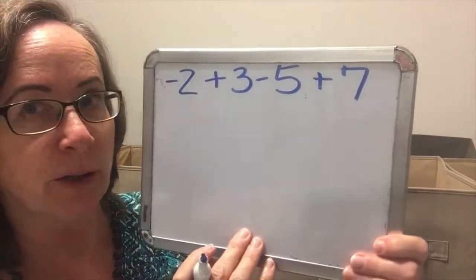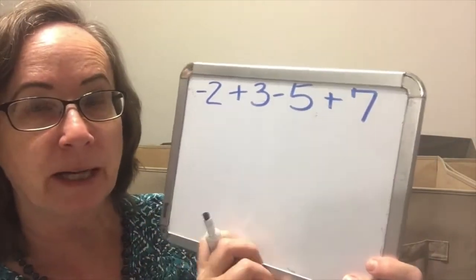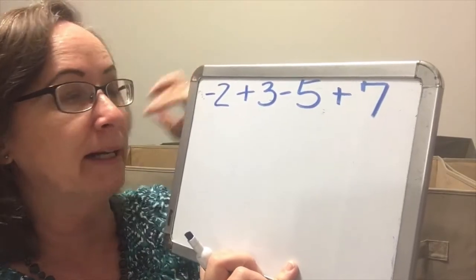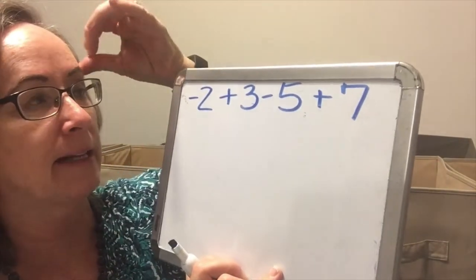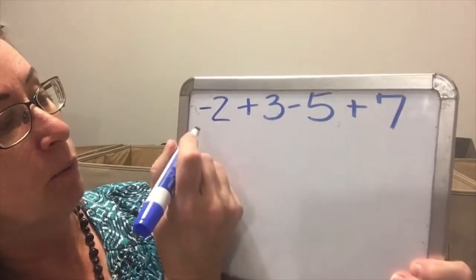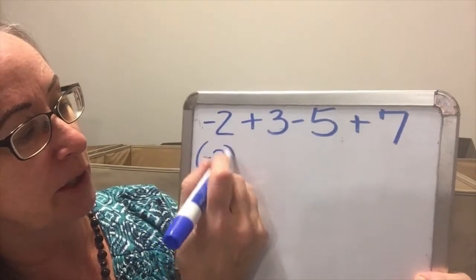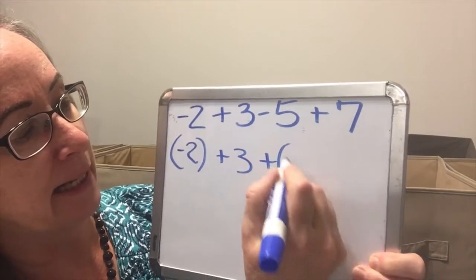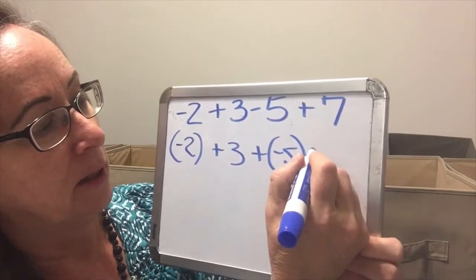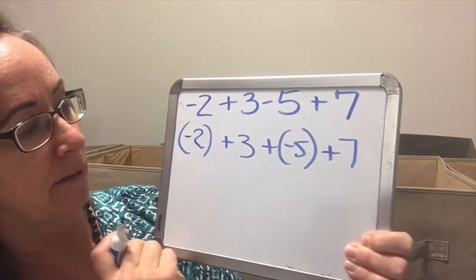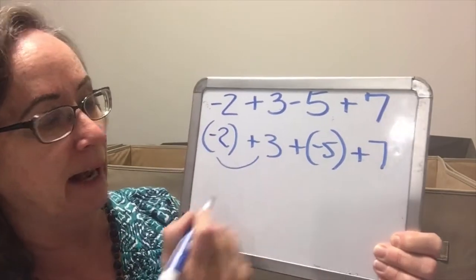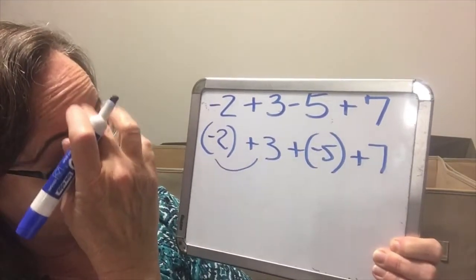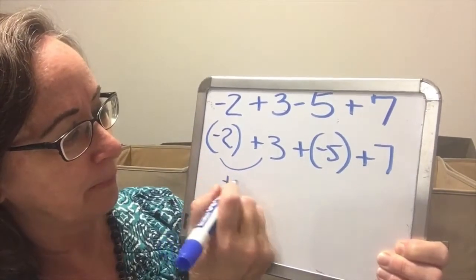Okay, and then we're going to do another one. Just to show you how to do it out on paper, I'm going to do this one with a little bit more work written out so that you can take your pick here. So we've got a negative 2. We're just going to attach that plus the 3 plus the negative 5 and then plus the 7. Okay, so moving left to right, I'm going to add those two together and I'm going to get a positive 1.